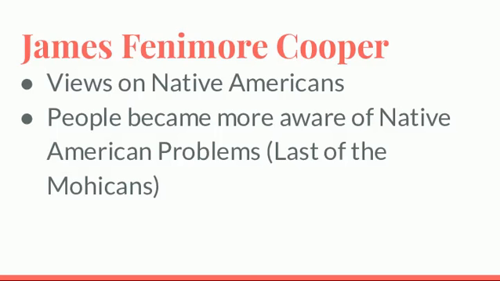People became more aware of the travesties of natives, but it's not what you think. It's not like today where somebody watches a documentary and says, we've got to change something and help them. In this case, it's like, oh, those poor natives, we were so bad to them. Let's help them by taking their land and putting them on reservations. That's what happens. We're going to talk in a little bit about 40 years of us helping based on this image of the natives during James Fenimore Cooper's time. But he wrote that book, Last of the Mohicans.